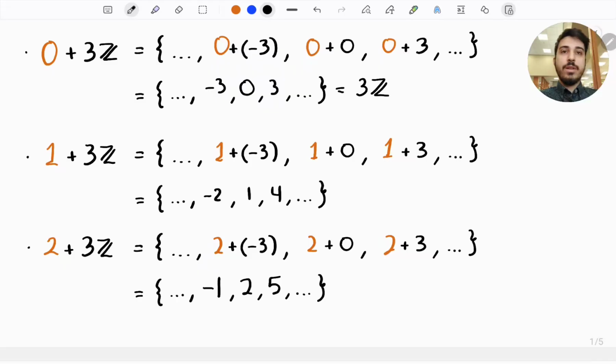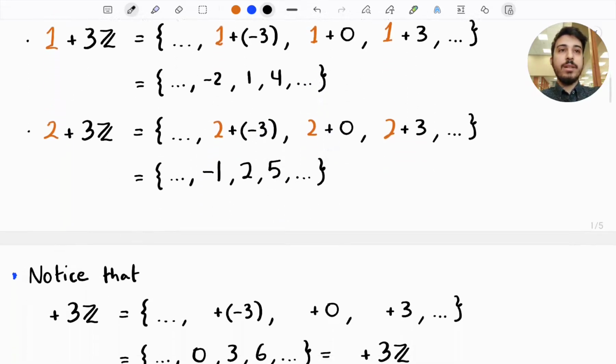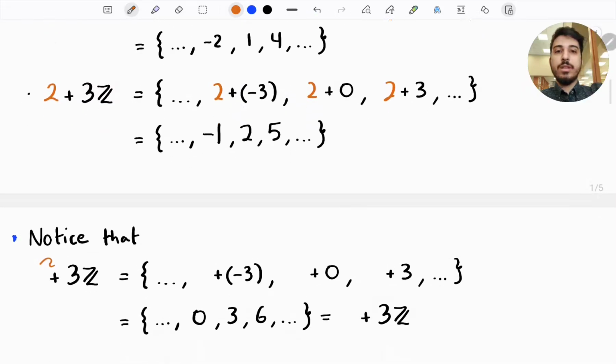Now you might ask, is there an infinite number of cosets? Can we just keep adding numbers and we get a different coset each time? The answer is no, and here I'll show you why. If we add 3 to this coset, we will get 3 plus all the elements in 3Z, giving us 0, 3, and 6.